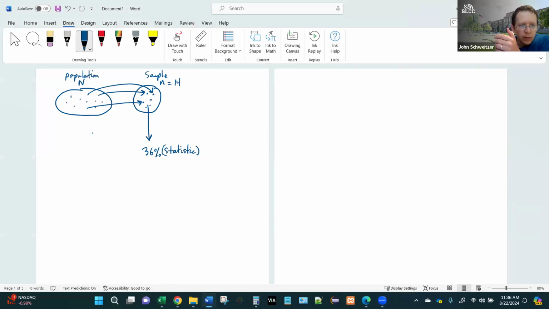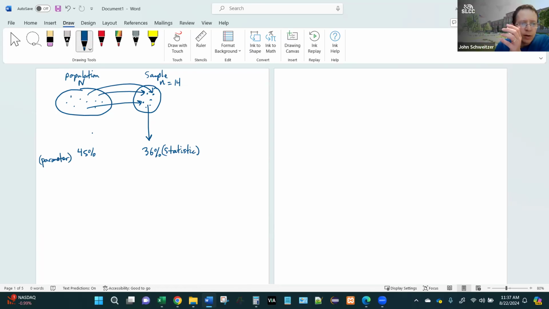Now, Harris said it was 45%. Nobody really knows because there's not really a data set with eye color for everybody in the country, but let's just assume that that number is correct. Let's just pretend that we actually do know that it's 45%. So if that is the number that comes from measuring everybody in the country, then that would be called a parameter.